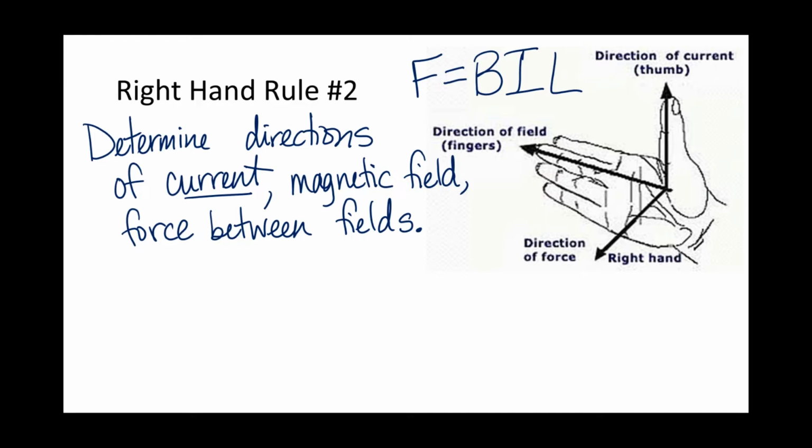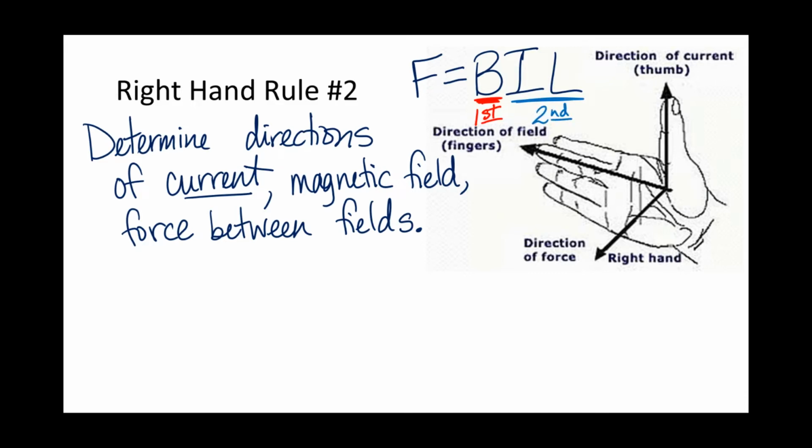What this equation gives us is where the 2 magnetic fields are from. So, a magnetic force is created between the interactions of 2 magnetic fields. B is the first magnetic field, and IL together is the second.